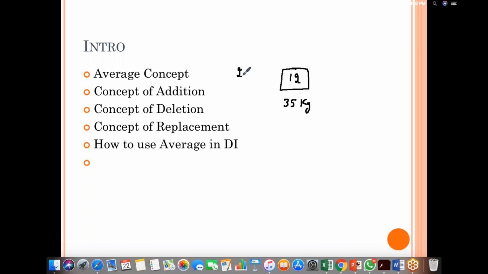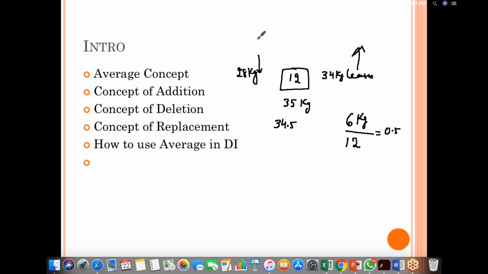Now a person with 28 kg joins the group and a person with let us say 34 kg leaves the group, right? So if in this whole transaction we lose 6 kg, 6 kg will be divided among 12 people, so everyone will lose 0.5 or half kg, so my average will be 34.5.